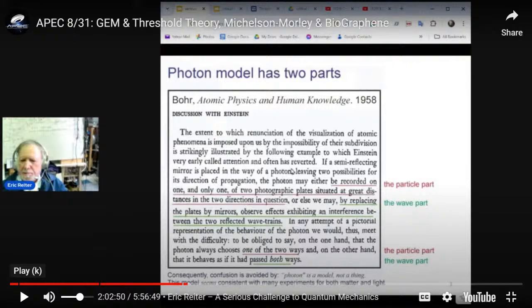Yeah. Bohr believed in magic. Before he got married, he was a member of the church, whatever that means. So I think he was religious, and he never abandoned his religion. I think the religion infected his mind, and he was a lunatic.